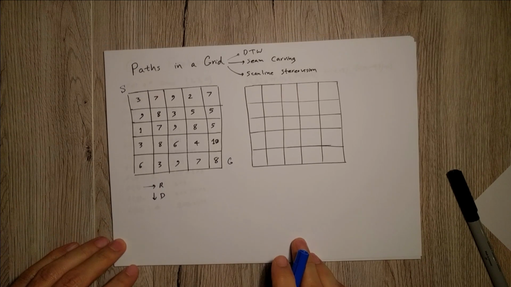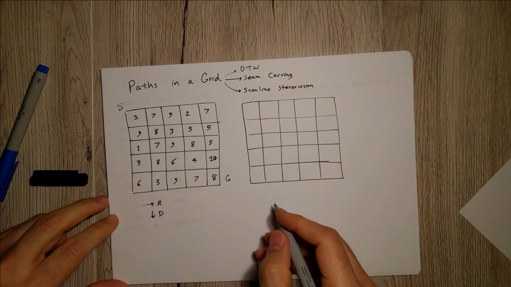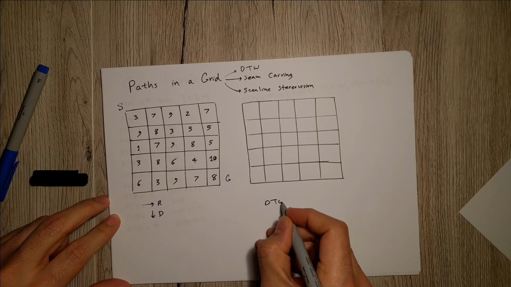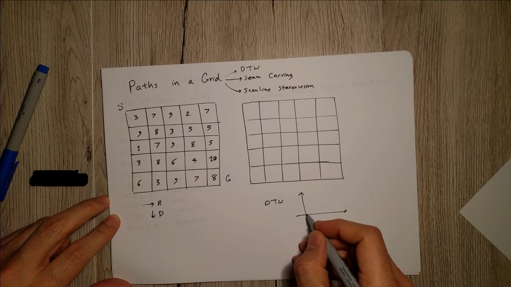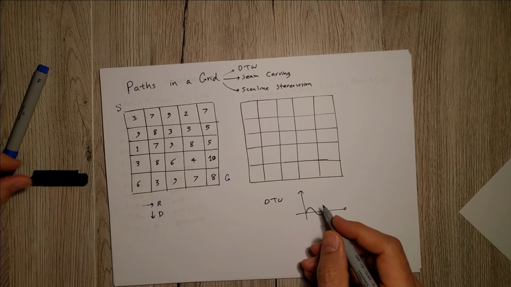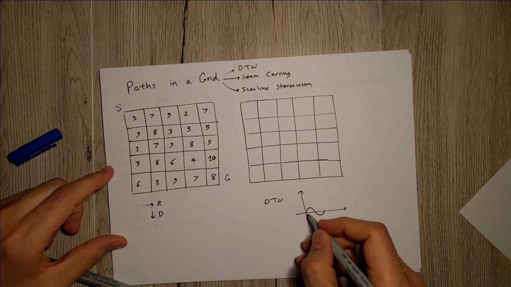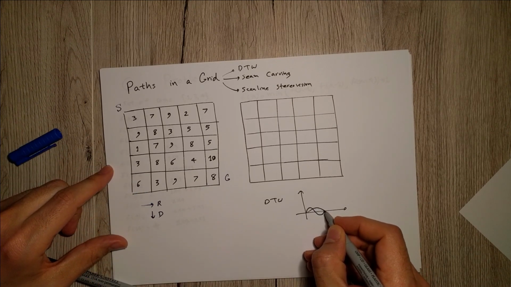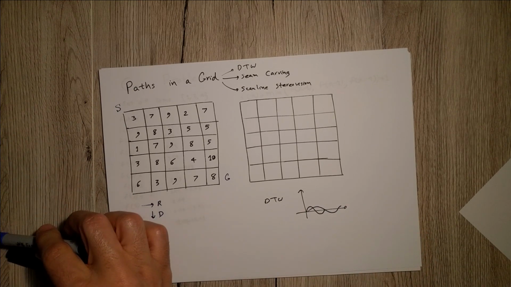You can see this problem in dynamic time warping. Let me just tell you in brief what these problems are. In dynamic time warping, you have basically two signals that are very similar, but one of them is a stretched version of the other one. They are not exactly the same.